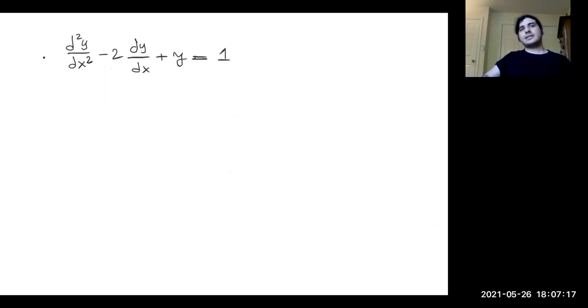The second derivative of y with respect to x minus 2 times the derivative of y with respect to x plus y, let's say, is equal to 1. 1 is probably the simplest term we can have which is non-zero. So solve this one, right? Think about this one for maybe 2 minutes and then just try everything you can. Let's see if we can solve it or not, okay?